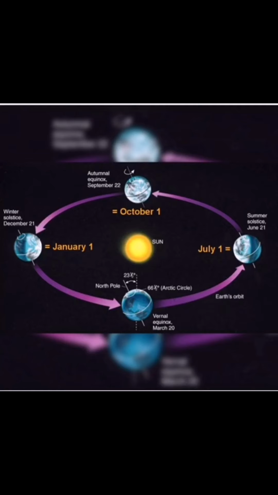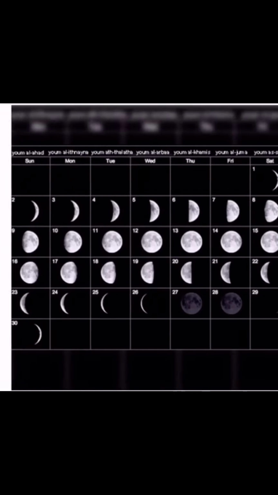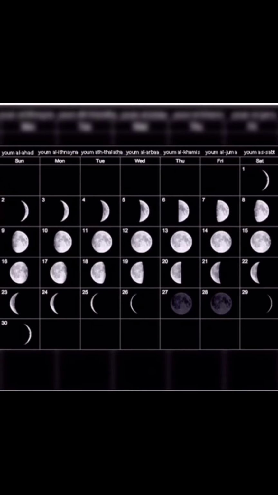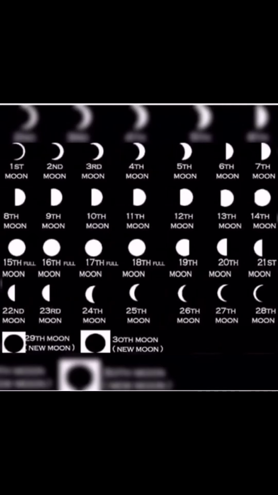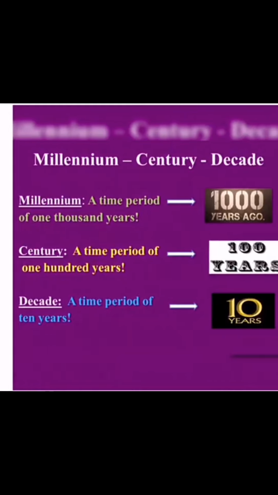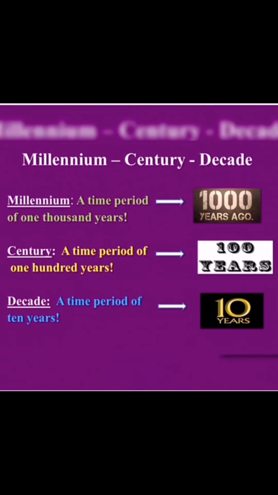In the solar calendar, the year is based on the number of days the earth takes to make a complete orbit of the sun. The Islamic lunar calendar is based on the number of days the moon takes to make one complete orbit around the earth. Then we learned about a decade, a period of 10 years, a century, a period of 100 years, and a millennium, a period of 1000 years.